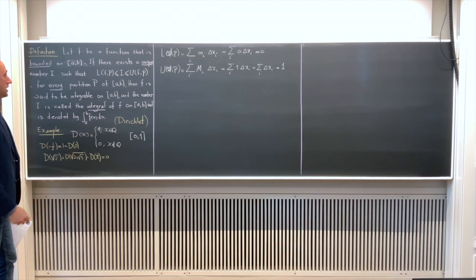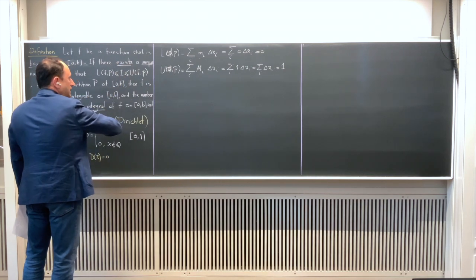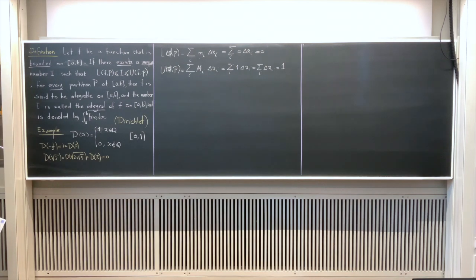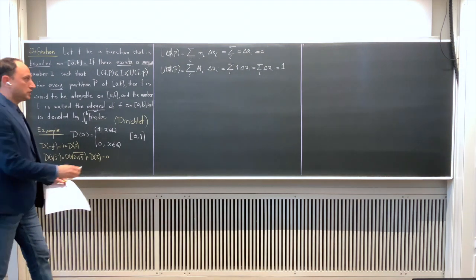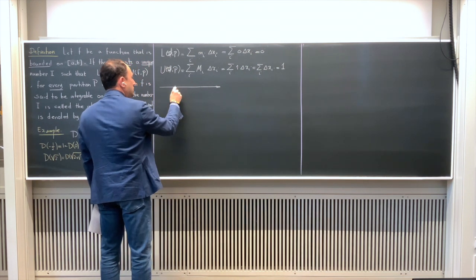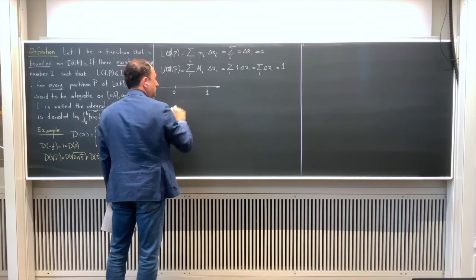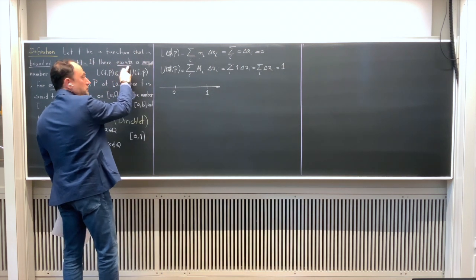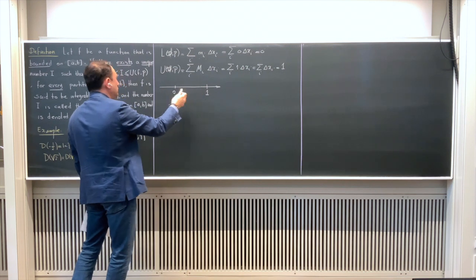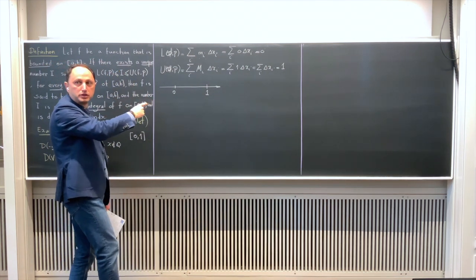Okay, now let us answer, because there are two words that you need to be careful about: existence and uniqueness. For the existence part, we don't have any problems, yes? Because we realize that the lower sum is always 0, the upper sum is always 1. So I do not have any problems with existence, because I have infinitely many numbers between 0 and 1 that can play the role of this I, any number that you choose.